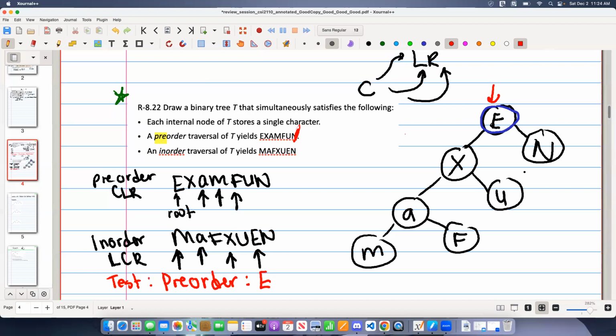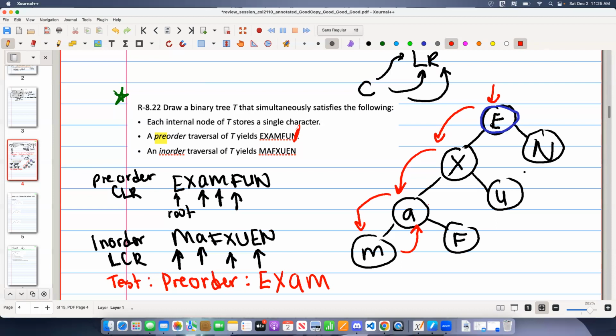So the first thing you do is you read out the center, which is E. Okay, now you travel left to the center of the left, and you read out X. Then you go to the left, you read out A. You go to the left, read out M. And then you go up. Now this is the iterative step, you're going through the recursive call stack.